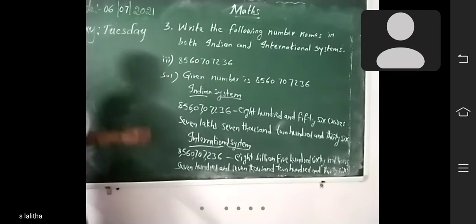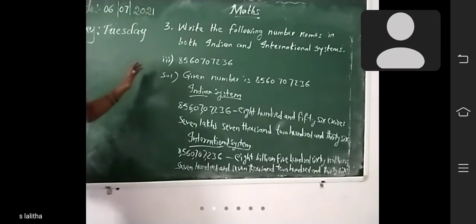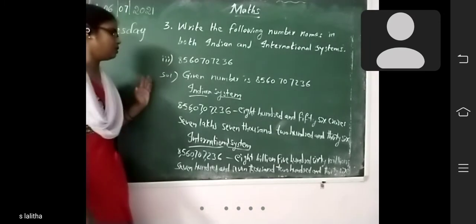Okay, children, this is the Indian system and this is the international system. Okay, right? You can do homework for sums 1 and 2. Okay, the third one you can do now.